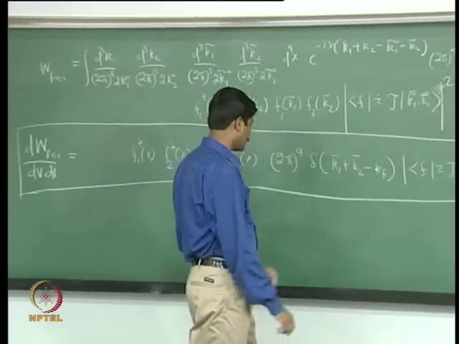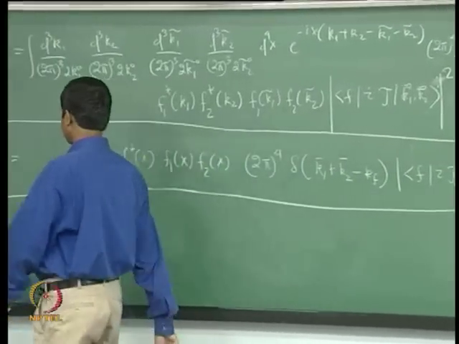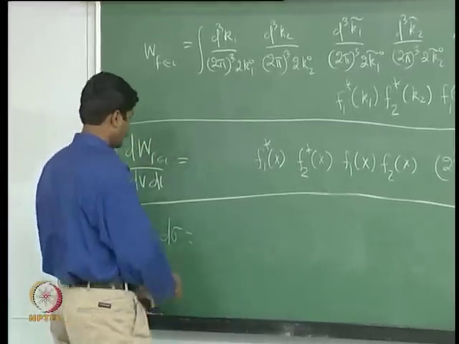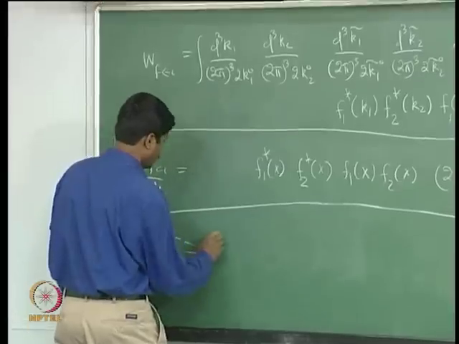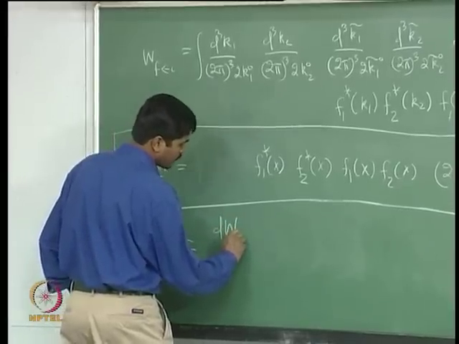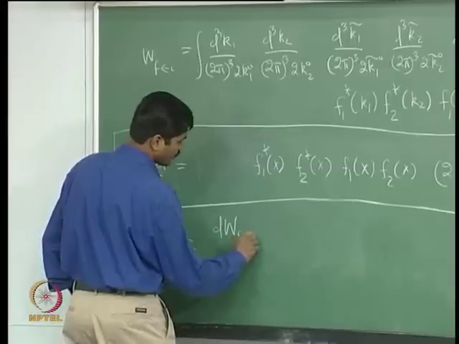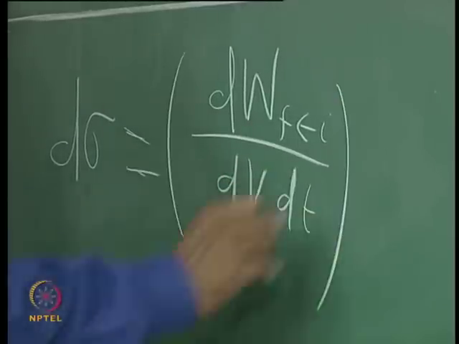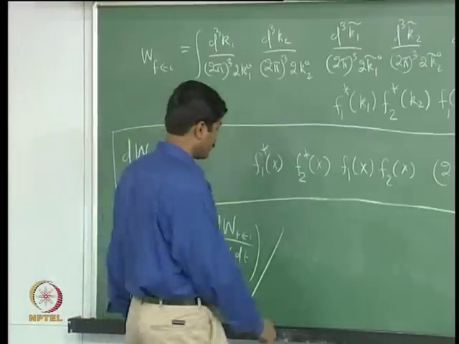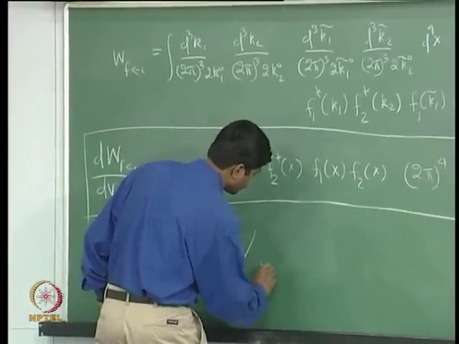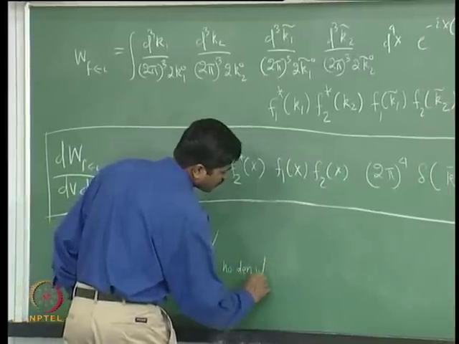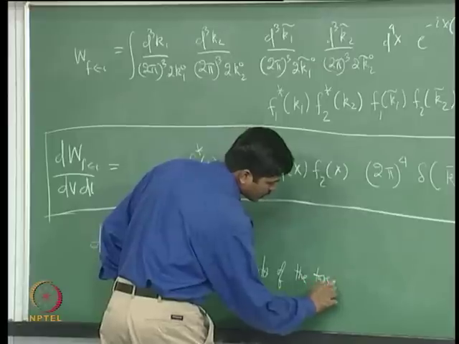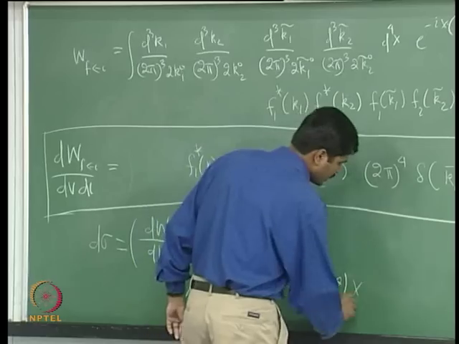So the differential scattering cross section is basically the transition probability per unit volume per unit time divided by the number density of the target times the incident flux.